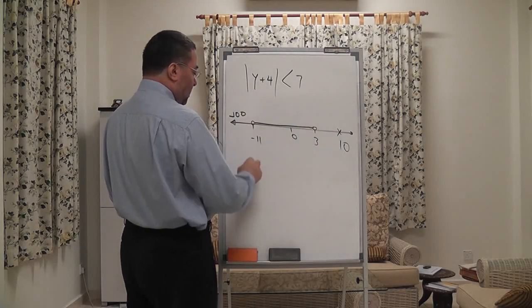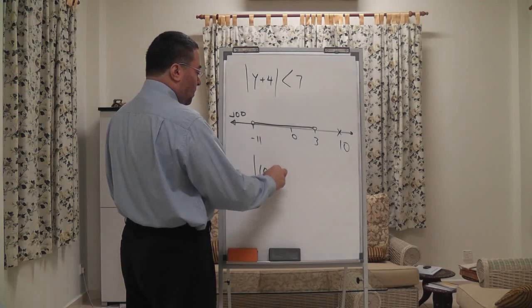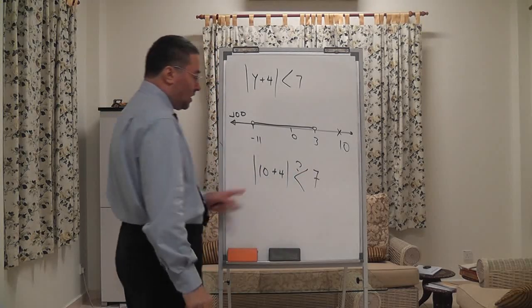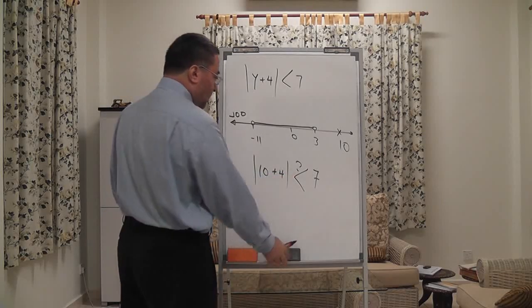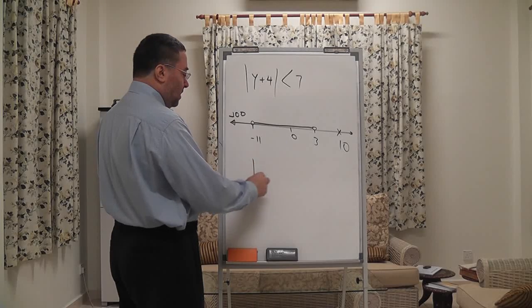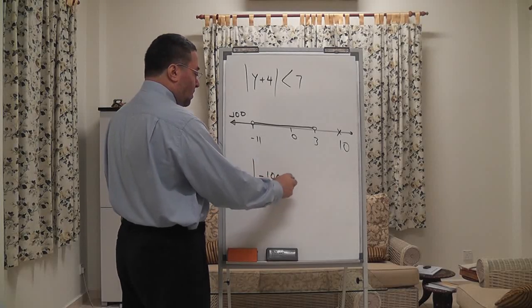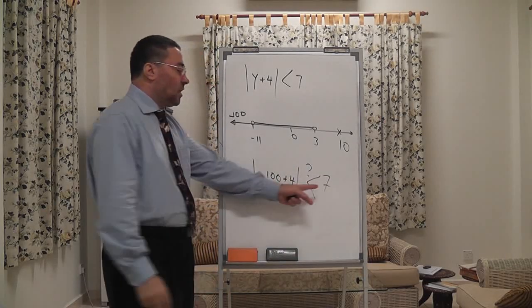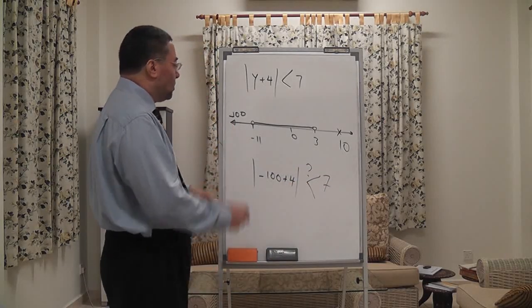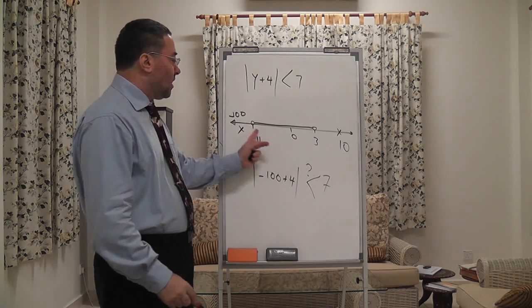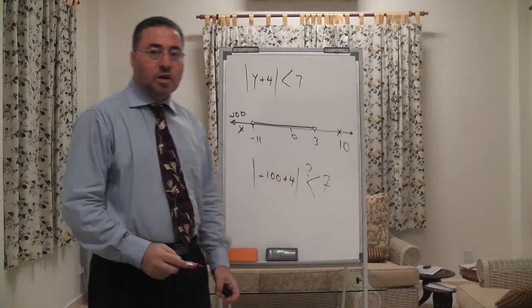So let's first use 10, 10 plus 4, is it less than 7? And that's not true, 14 is not less than 7, so this is rejected. And if we use minus 100 plus 4, is it less than 7? That's clearly not less than 7. So this region is also rejected. And this way we can tell that our answer is the correct answer.